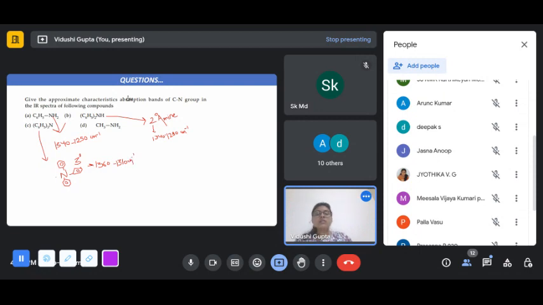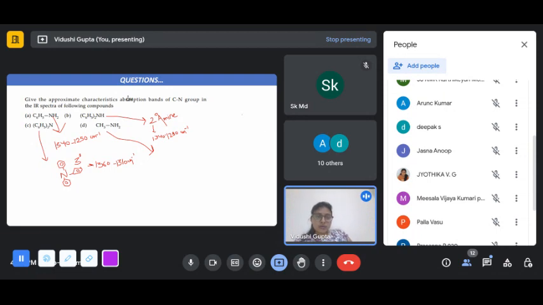Is it clear? Okay. So what will be the value for this CH3NH2, for the CN group? Here it is also primary, but it's aliphatic, whereas that was aromatic. So what will be the value for this?